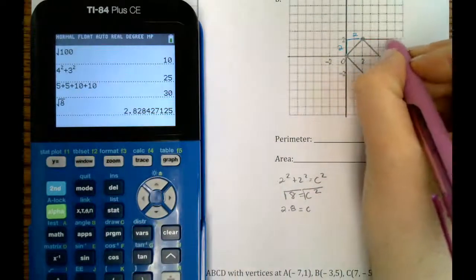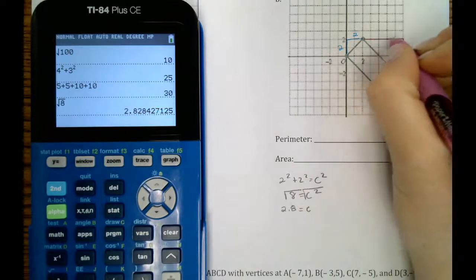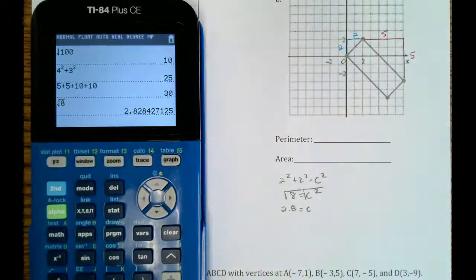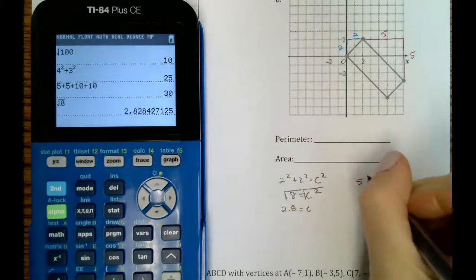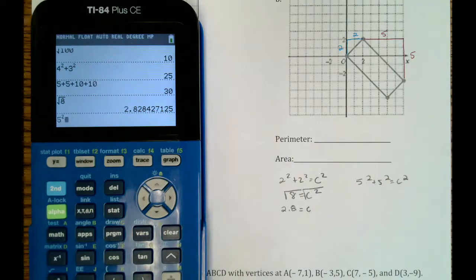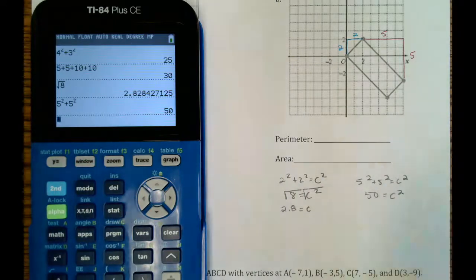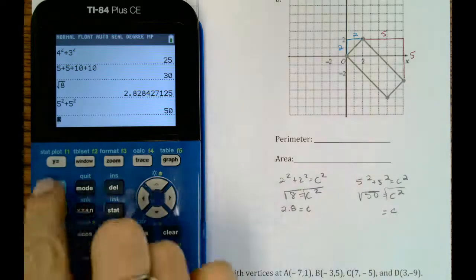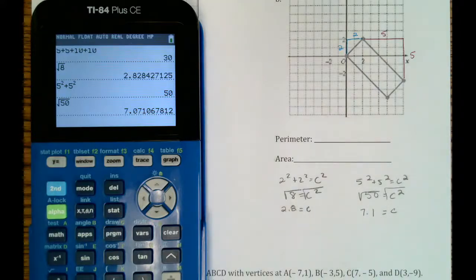Okay, and then we'll do our other triangle here to find our other side. Okay, so we have sides of 5 and 5. So 5 squared plus 5 squared is 50. And then we can take our square root of 50. And that will give us, we'll say 7.1 if we round.